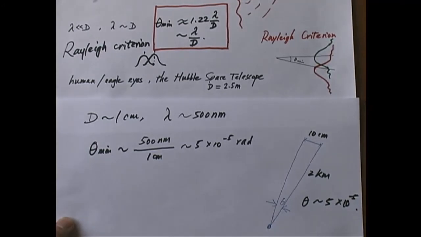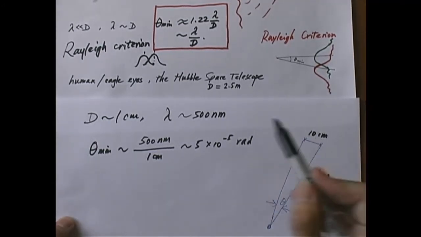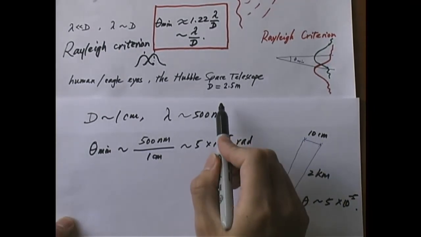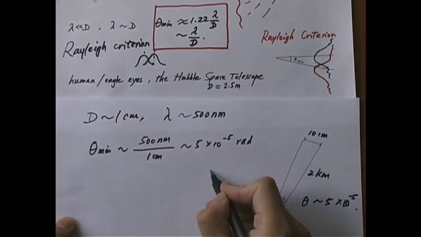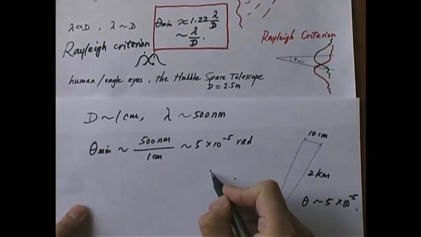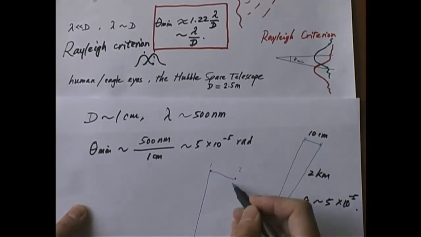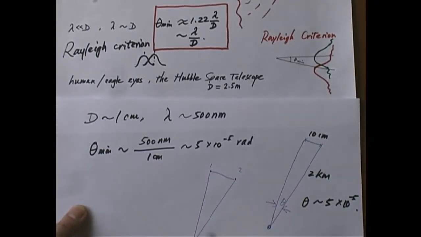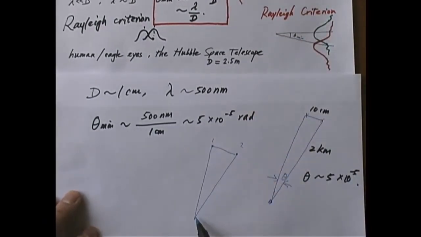Okay, with that in mind, how well can the Hubble resolve things? Well, it's been said that if there are two flies a few meters away from each other, here's fly 1, here's fly 2, the Hubble can see it from a distance that is equal to the diameter of the Earth.